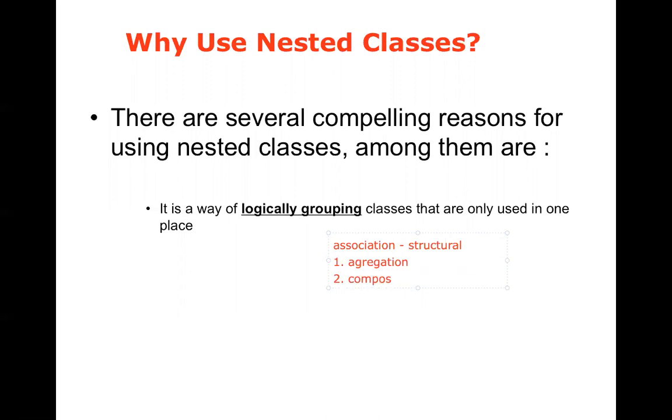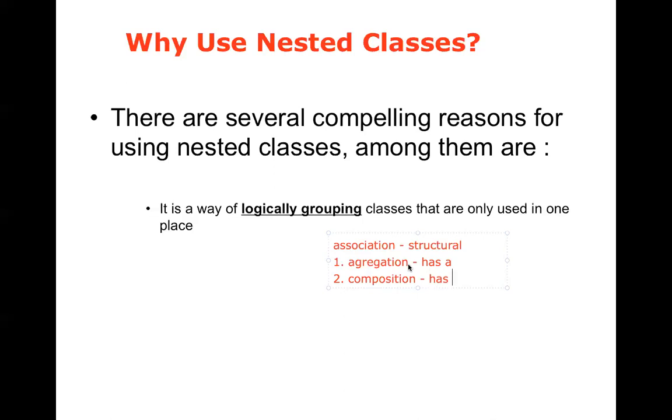So aggregation is a has-a relationship, has something. So customer has some address, school has departments, body and some parts. So this is a has-a relationship; we also call it a whole-part relationship. And we also have a composition, which is also kind of a has-a relationship, but here it is a stronger relationship.